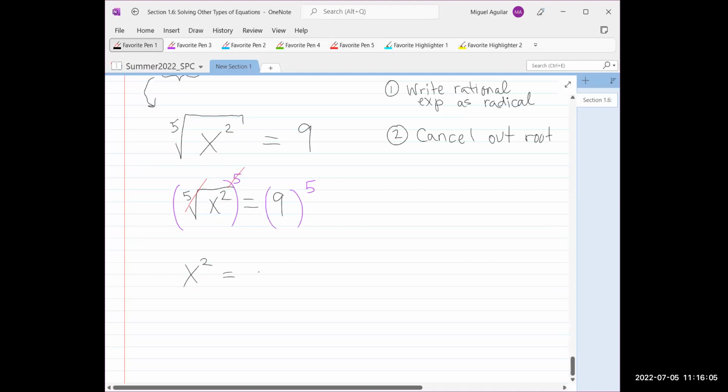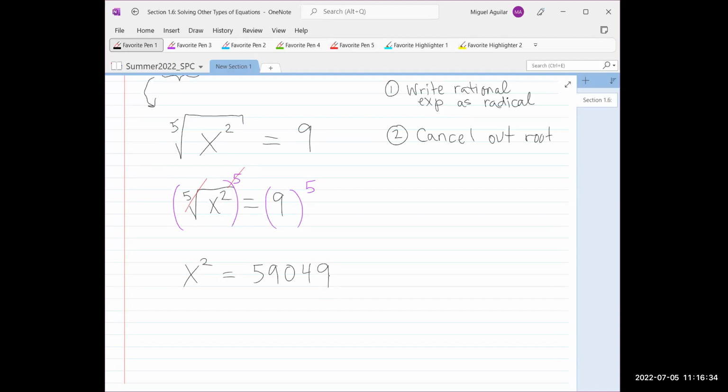Does anybody know what 9 to the fifth power is? 59,049. That's what I put in the calculator, 9 raised to the 5th, 59049.